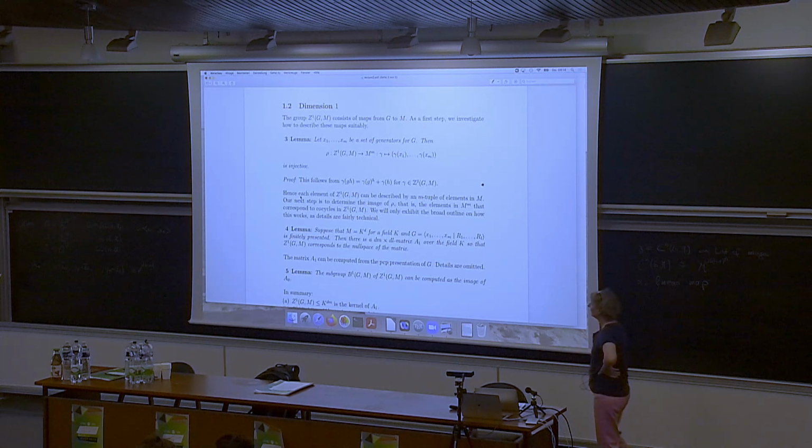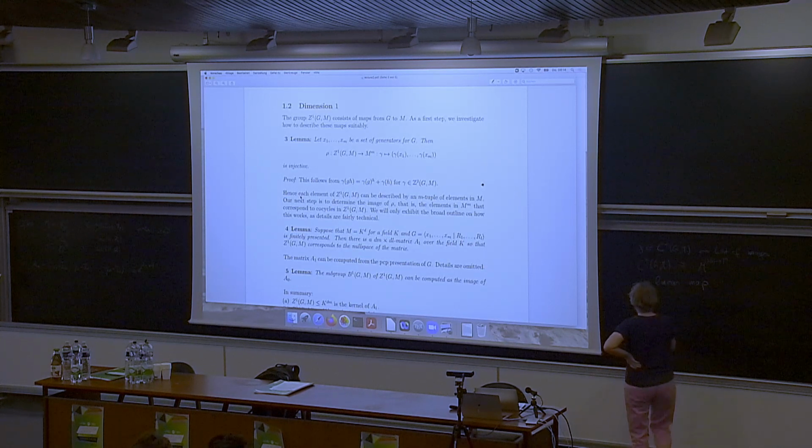Now, in cohomology, these maps alpha n are not group homomorphisms, and therefore it's not clear at all that the images of the generators are sufficient to describe your cohomology setting.